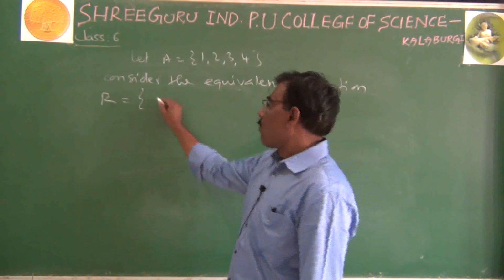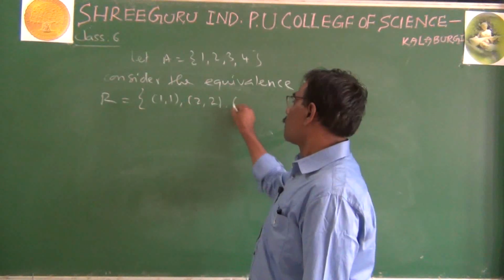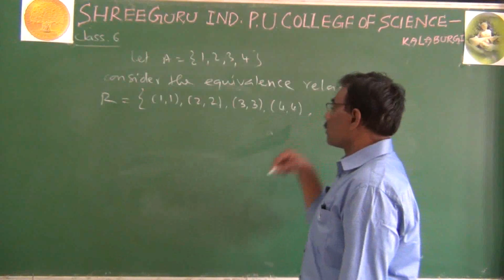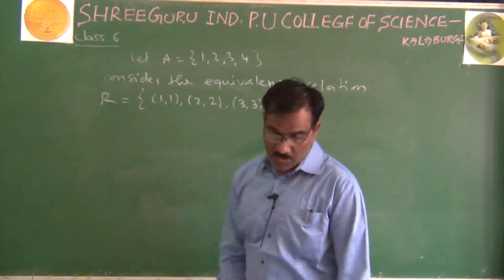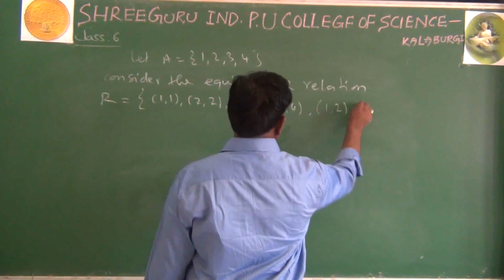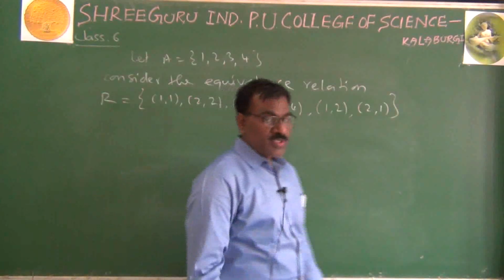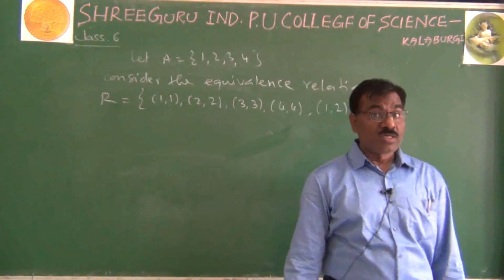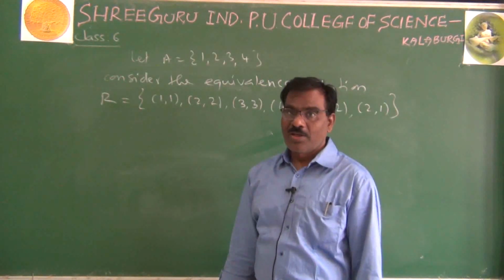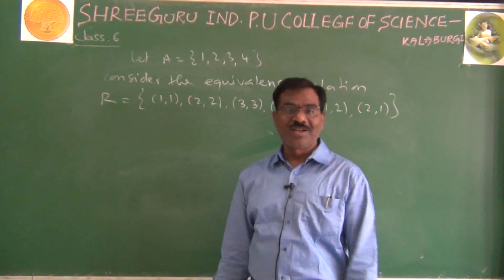What is given? (1, 1), (2, 2), (3, 3), (4, 4). Is that compulsory? It is reflexive. Then (1, 2) and (2, 1). This is an equivalence relation, but for an equivalence class, the relation R must be an equivalence relation. Suppose it is not an equivalence relation, there is no equivalence class. For an equivalence class, R must be an equivalence relation.